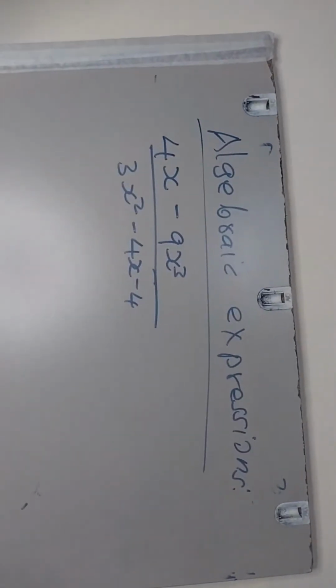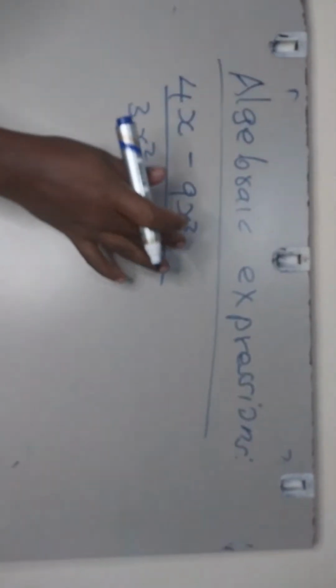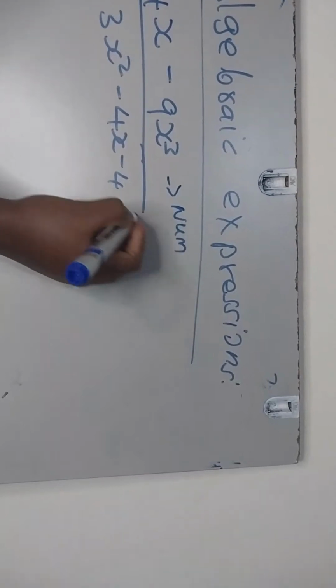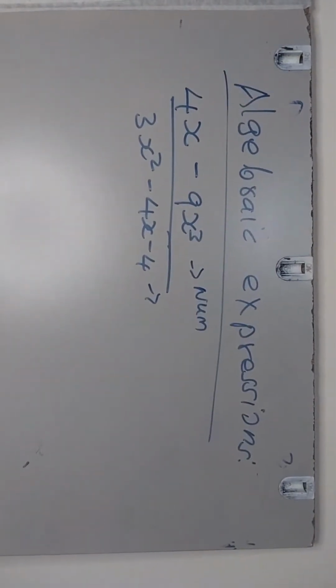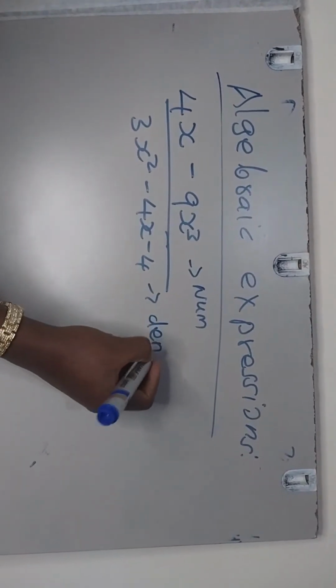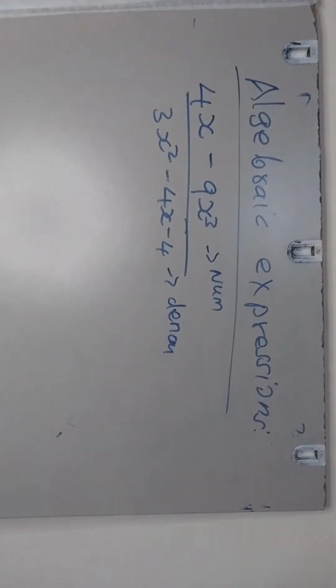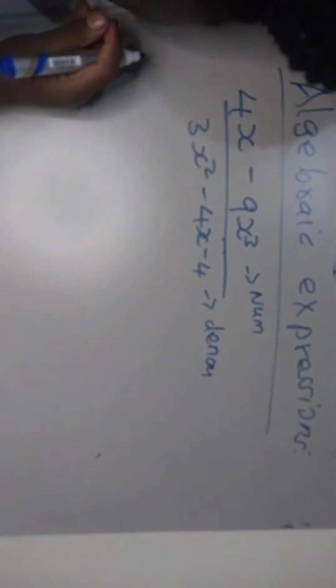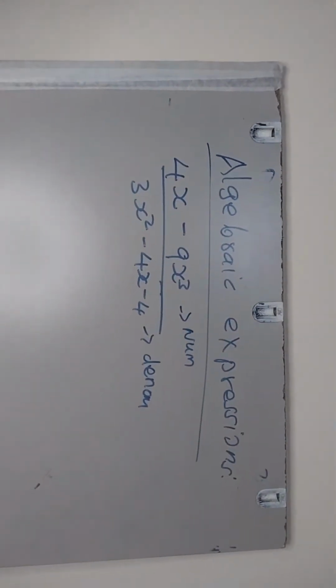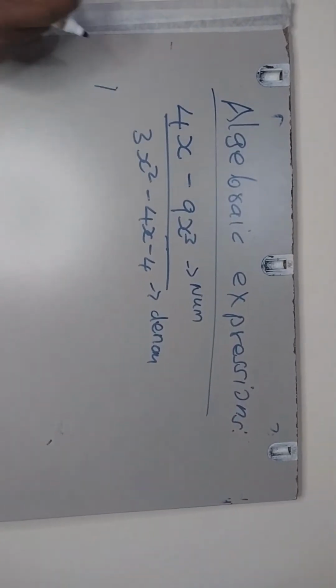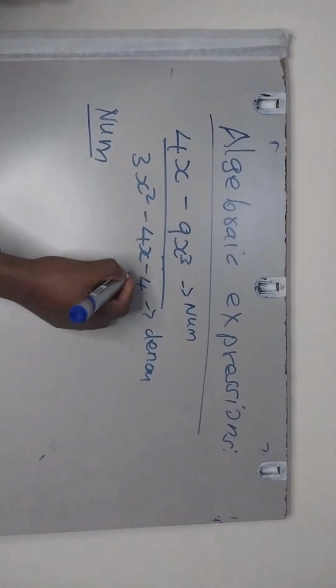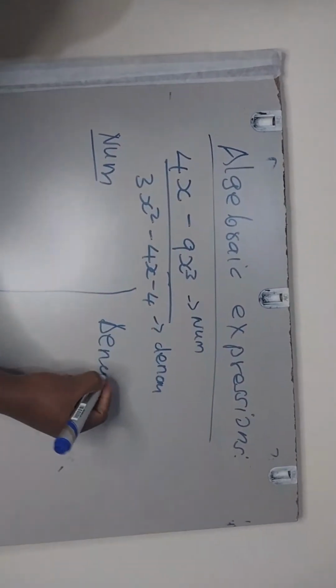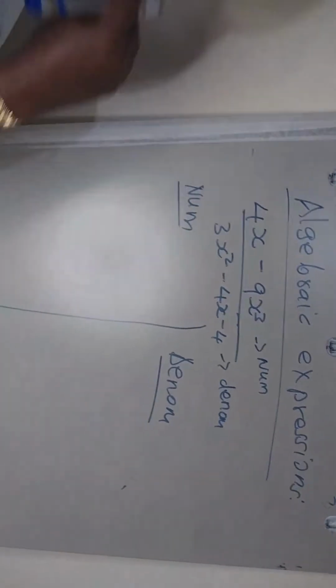Once you find a question with a number on top and a number on bottom, please try to treat it as a numerator and a denominator. So we'll do the numerator and tackle the denominator, then overall we'll do the numerator over the denominator.